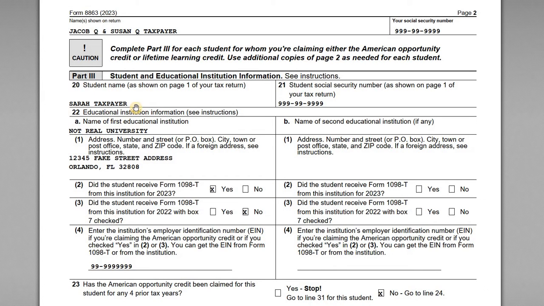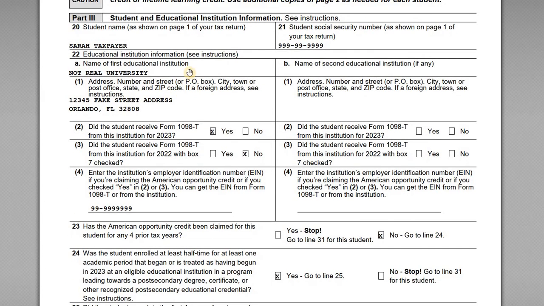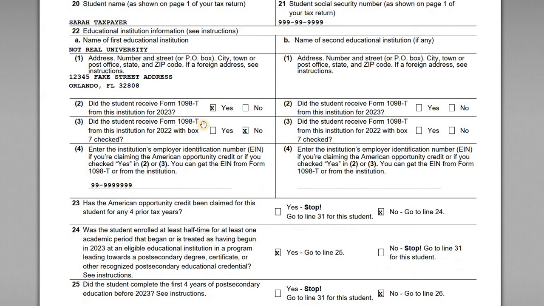So we've got Sarah, the taxpayers, the student, her social security number, and then the information on the educational institution. So university name, address. Box 2, we did receive a 1098-T for 2023. Box 3, we did not receive any 2022 1098-T because this is her first year as a student.